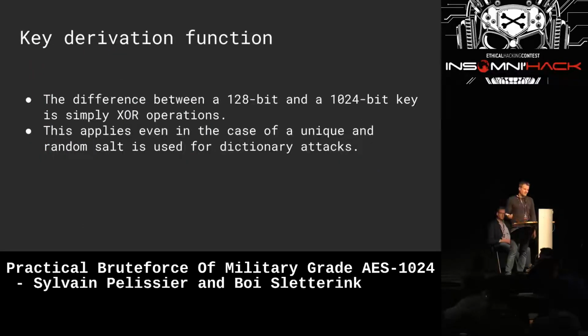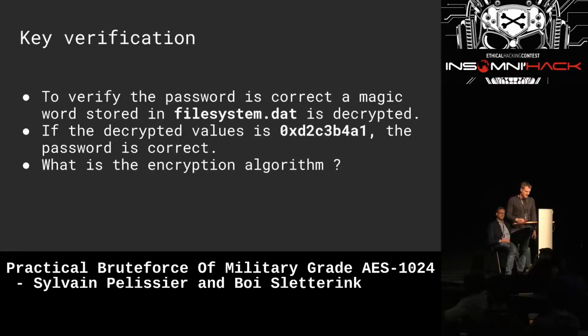Basically, the difference between generating a 128-bit key compared to a 1024-bit key is simply a XOR, because you just keep this value in memory and you apply it. And you can again do a dictionary attack. So it was really a bad design. So this was for the key generation.